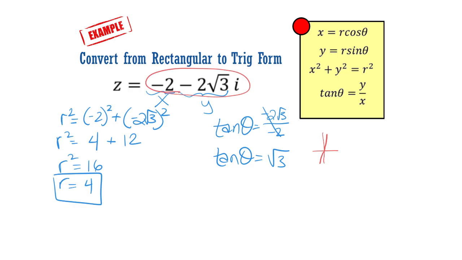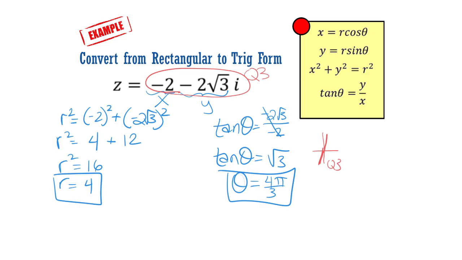I have to look at where that is. That is in quadrant 3. If I were to plot that x and that y, I'd land in quadrant 3. So when I look at my graph, I want the quadrant 3 option. And that angle would make theta be 4 pi over 3.